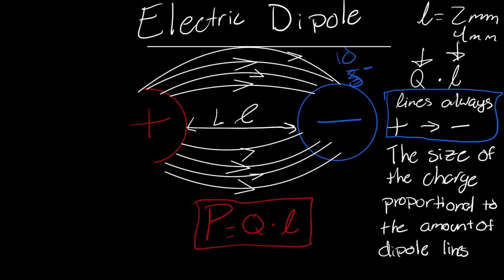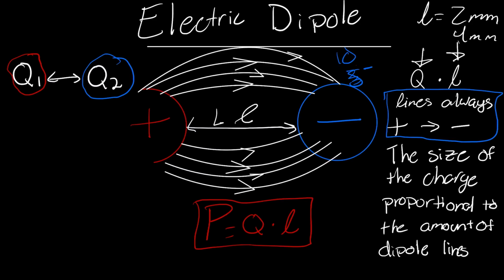For example, if we were to have charges Q1 and Q2, separated by 2 millimeters, this is the proton and this is the electron.